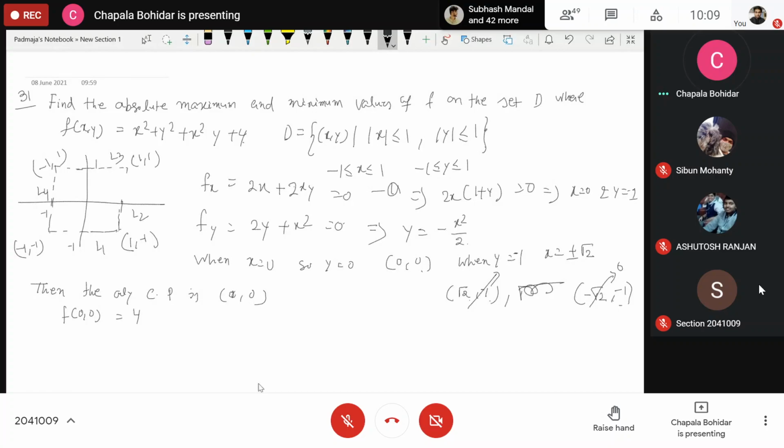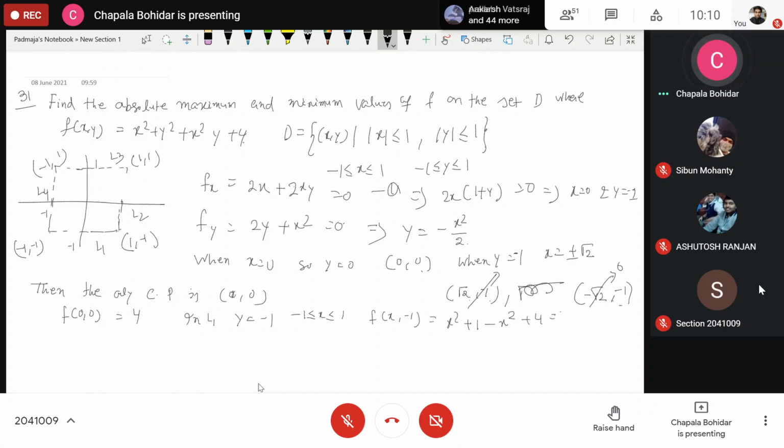Okay. Now on L1, the value of y is equal to -1, and x lies in between. So f of x, -1 is equal to x square plus 1 minus x square plus 4.